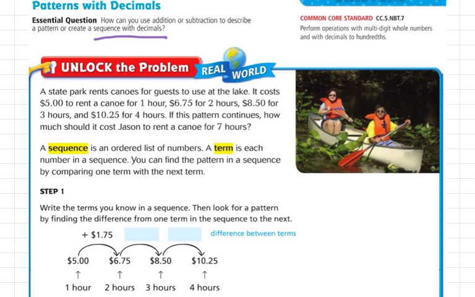So step 1, write the terms that we know in the sequence and then look for a pattern by finding the difference. I'm going to subtract from one term to the next term in the sequence. When we hear the word difference, we know that is the answer in a subtraction problem.